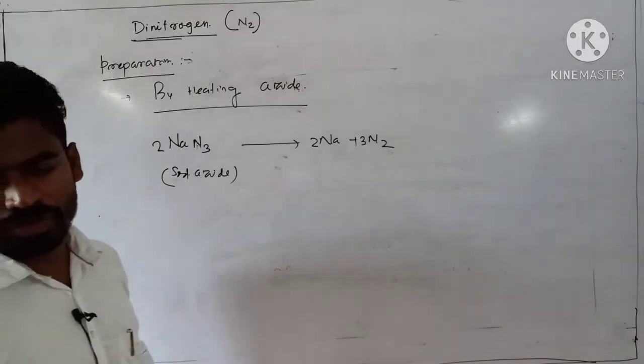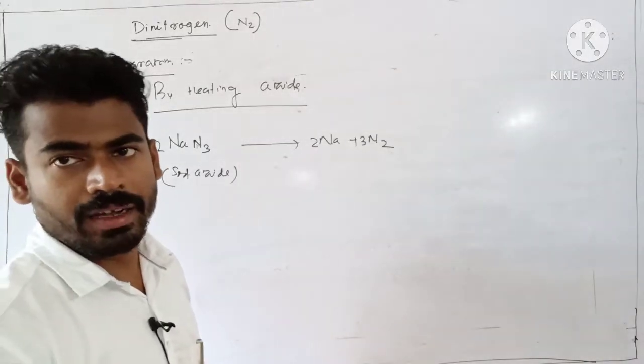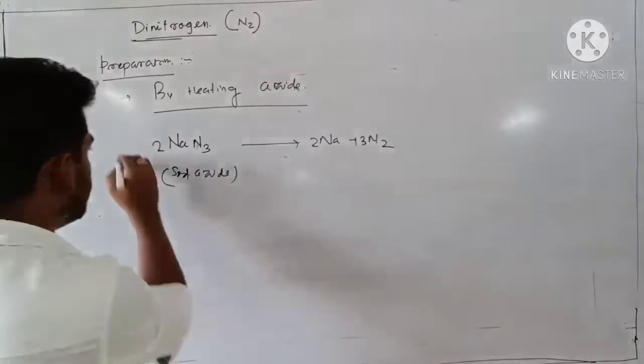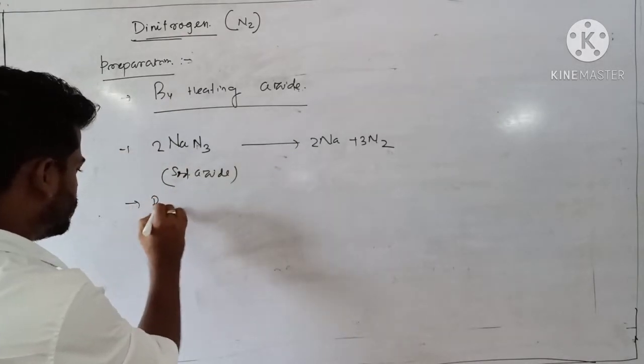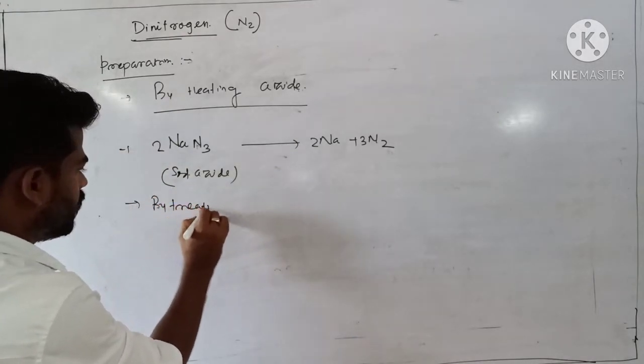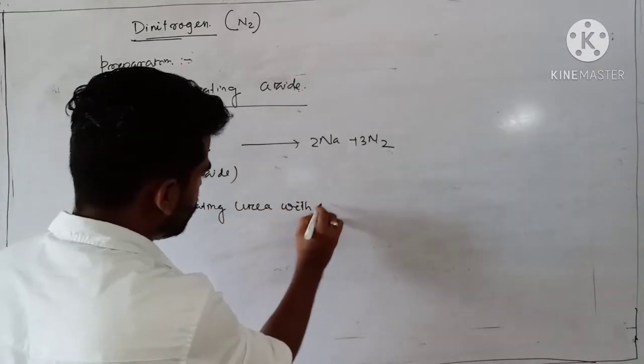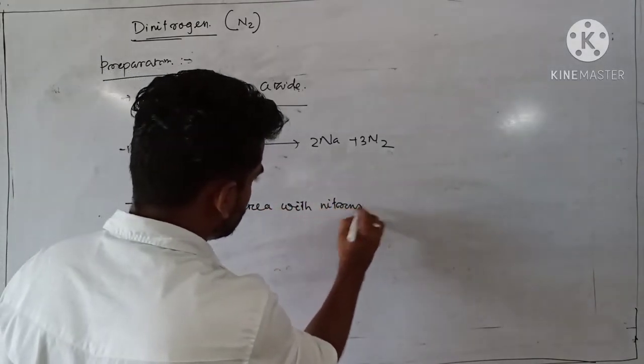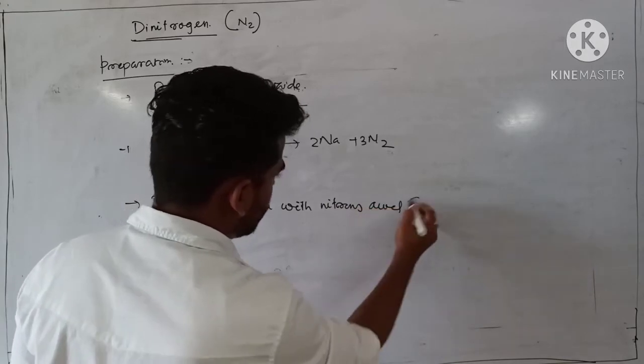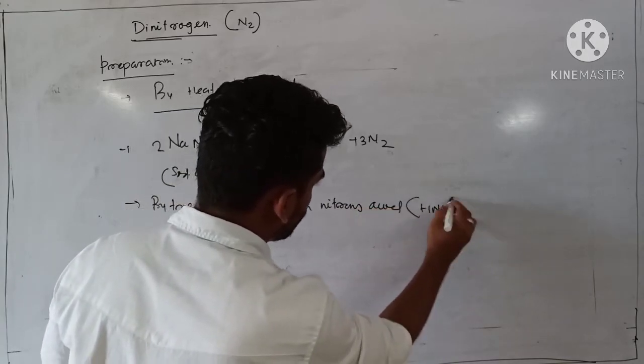Another preparation: if you treat urea with nitrous acid, formula HNO2.